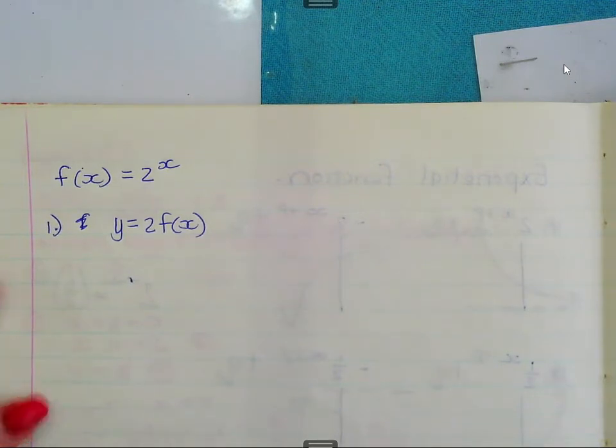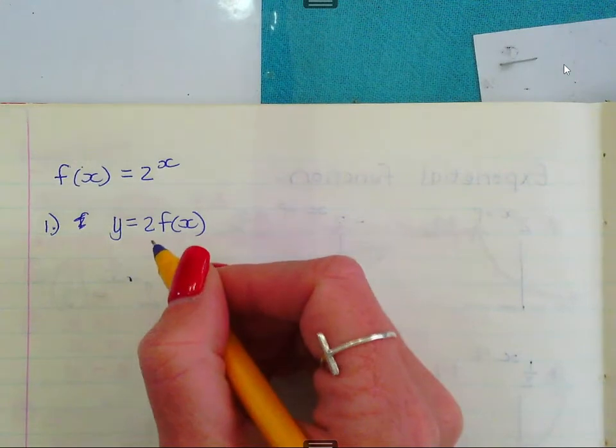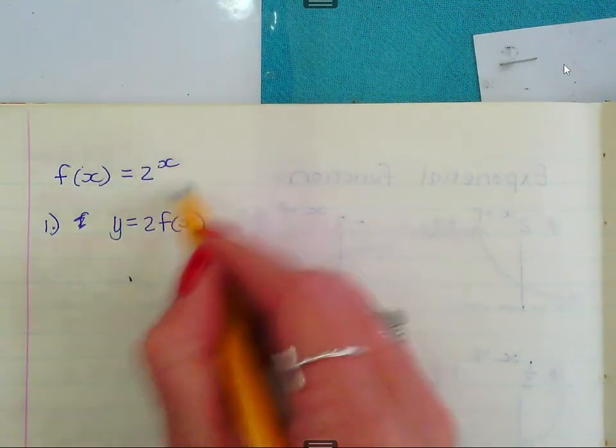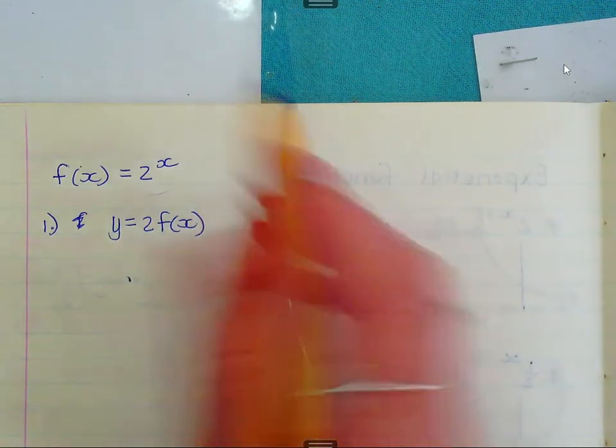Graph h is equal to 2f of x. Find the equation of graph h. Okay? So this f of x is y, and it's the whole function. Do you understand that? It's the whole f of x.